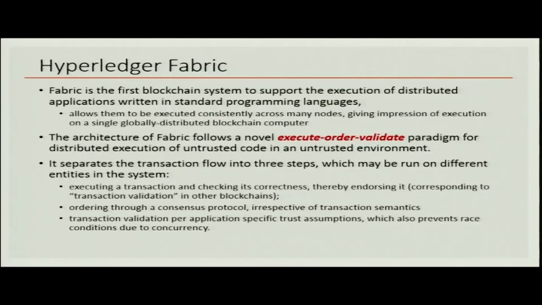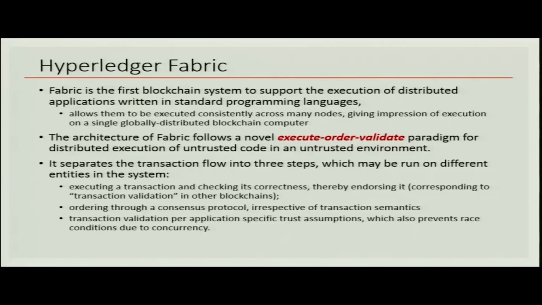Those invalid transactions are then marked, and this marking is done by creating a bit vector such that valid transactions are set to 1 and invalid transactions are set to 0. Since the transactions are ordered, we can use a bit vector to mark them.